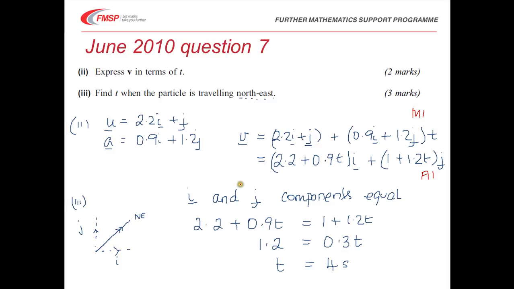That form is important for part 3. And then you had an accuracy mark for equating the i and j components, and another accuracy mark for ending up with an answer of 4 seconds. So 11 marks in total for that question.